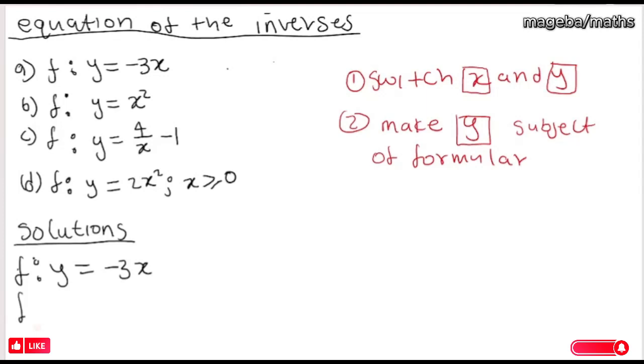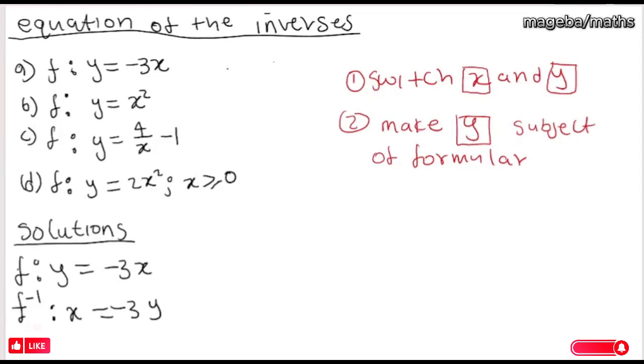By finding the inverse, we need this f to the power -1 that is there on top. By interchanging, this y is going to be x and then -3, and this x is going to be y.